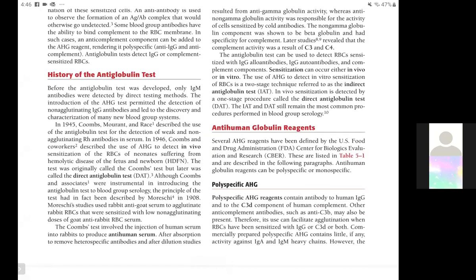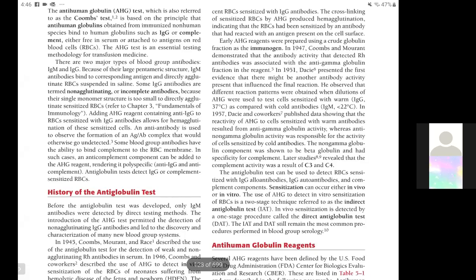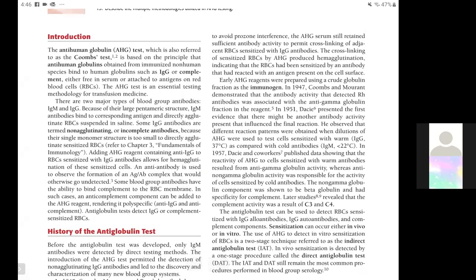You would dilute it so as to dilute out the antibodies, because an excess of antibodies can also lead to a prozone phenomenon, sort of a false agglutination. So the AHG serum still retains sufficient antibody activity to permit cross-linking of adjacent RBCs sensitized with IgG antibodies.